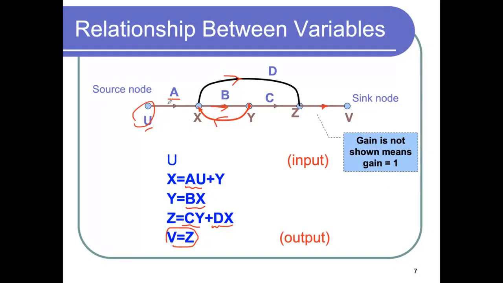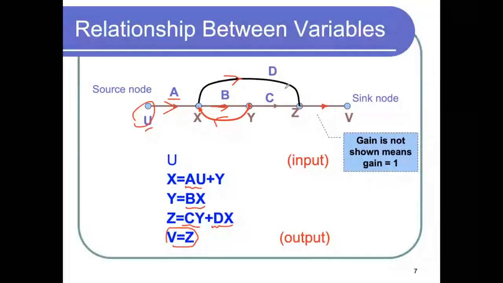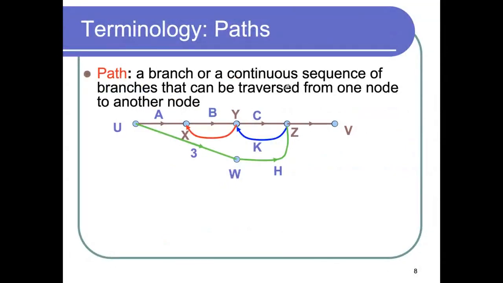So what is Z? You look at the branches coming into it, and for each branch you multiply the corresponding transfer function by the previous node it's coming from. So it is equal to dx plus cy. I don't care what happens before y. I just have y and multiply it by c.